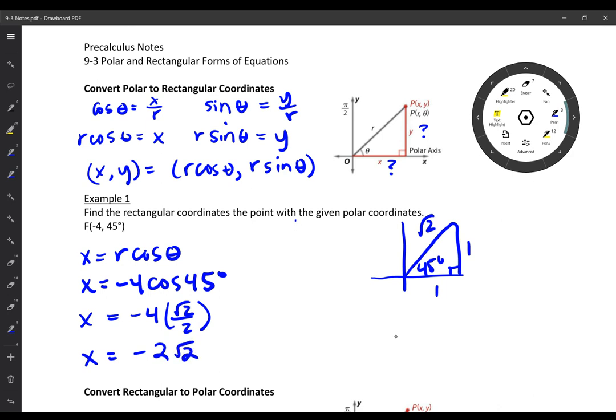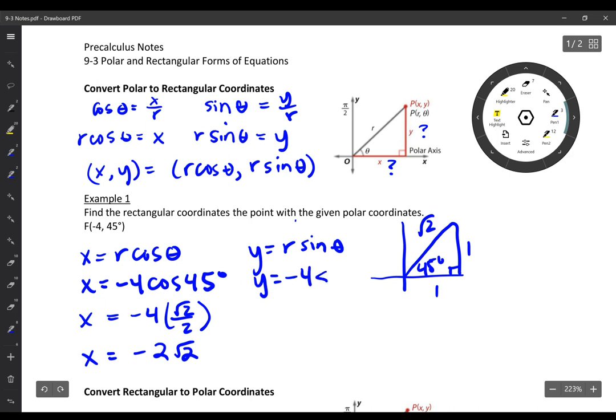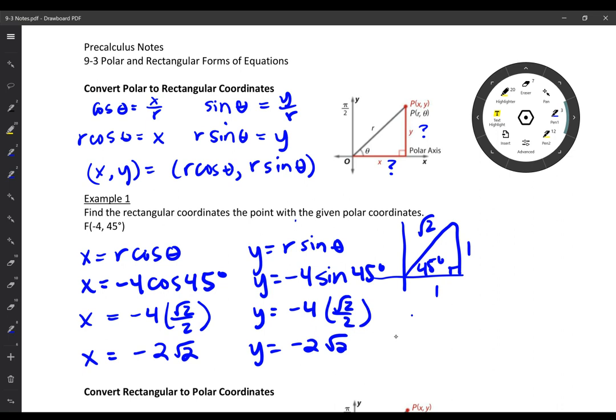And then I want to find my y as well. y is r sine theta, so -4 times the sine of 45 degrees, which is also root 2 over 2. And so y equals -2 square roots of 2. My rectangular coordinates are -2 square roots of 2, comma, -2 square roots of 2.